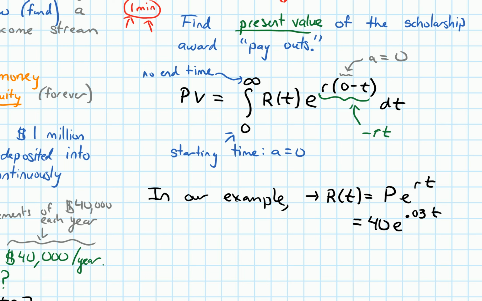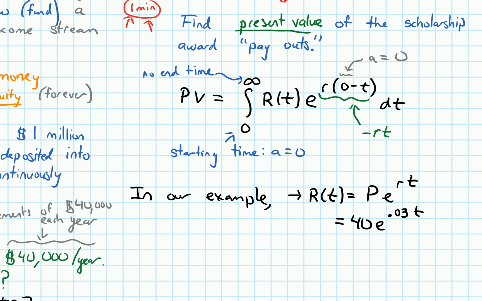Then I should write the units: $1,000 per year. I'll write K dollars per year, where the K stands for 1,000. Usually when we say something like 20K, that means 20,000, or 60K, 60,000. There's one other thing I'm going to have to plug into this formula, which is this r in the exponent.